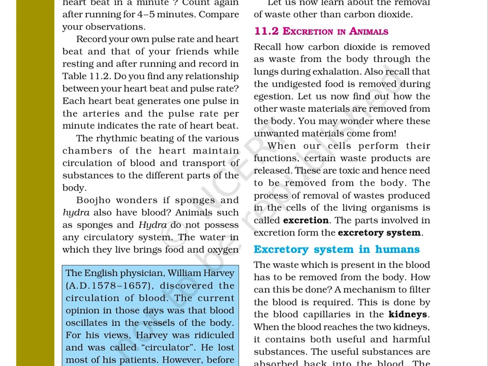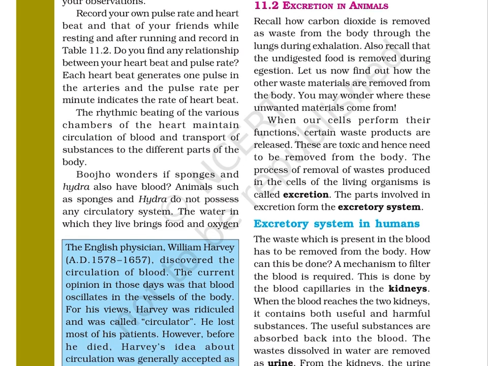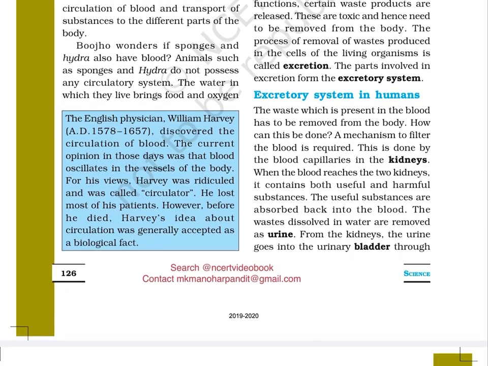When our cells perform their functions, certain waste products are released. These are toxic and hence need to be removed from the body. The process of removal of wastes produced in the cells of the living organisms is called excretion. The parts involved in excretion form the excretory system.